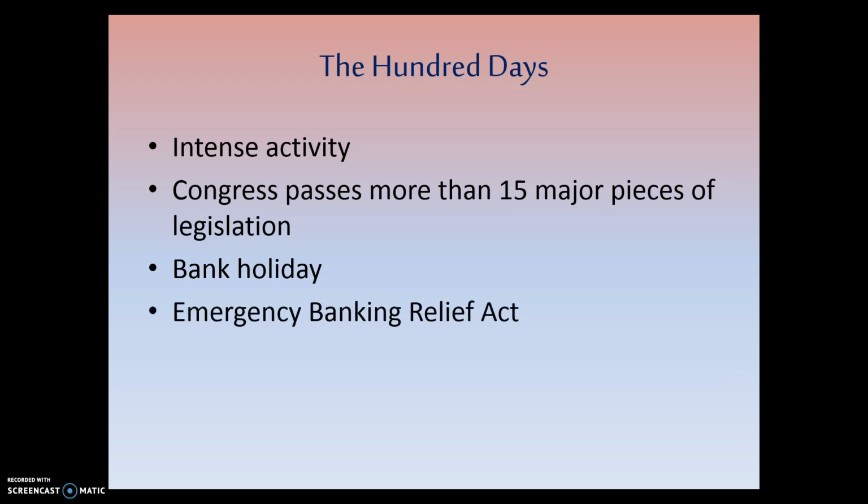He's also going to implement the Emergency Banking Relief Act, which is coinciding with the bank holiday. This will authorize the U.S. Department of Treasury to inspect all of the country's banks, and those that are stable would be allowed to reopen, and those that were unable had to temporarily remain closed until they could work out their problems with the federal government's assistance.